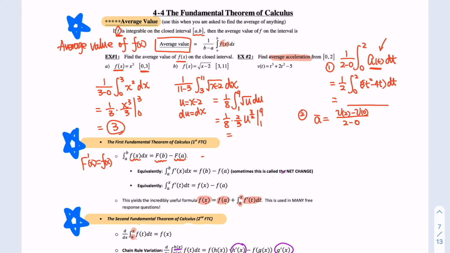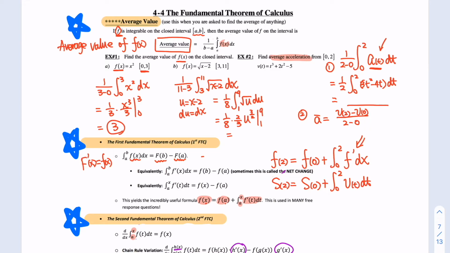For example, how do we evaluate F(2) given F(0)? So F(2) will be F(0) plus the integral from 0 to 2 of F prime dx. Keep in mind that it has to be F prime. Or sometimes we look for position at 2 equals position at 0 plus the integral from 0 to 2, so the derivative of position gives us velocity.